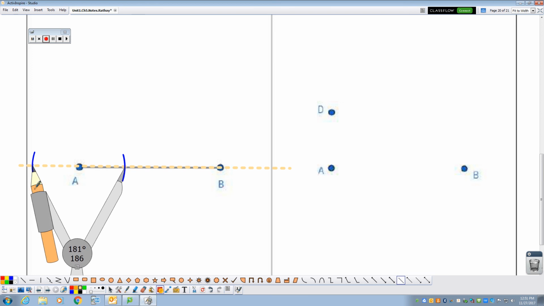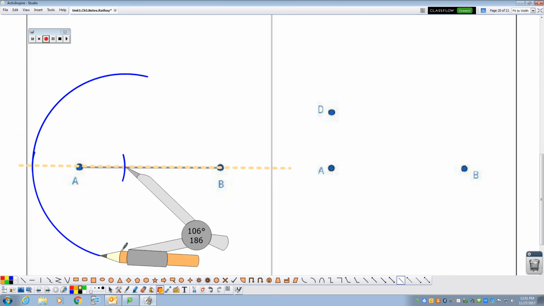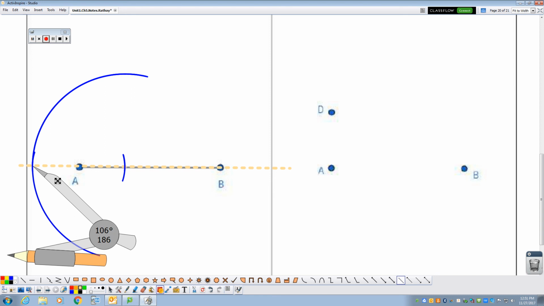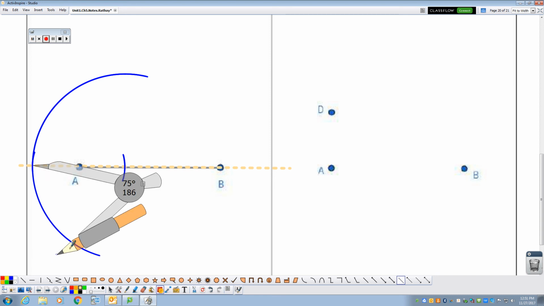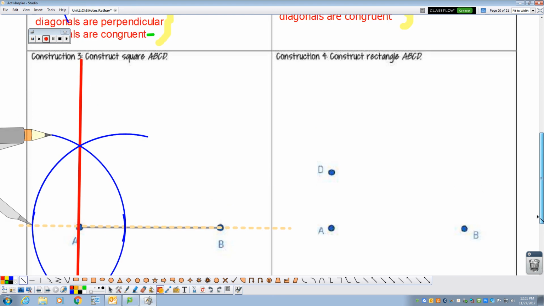So I set my compass here, do an arc from the left, and also from the right. And when I connect these, I'm going to get a line that goes right through A, and it's perpendicular to AB. So there's the second side of my square.